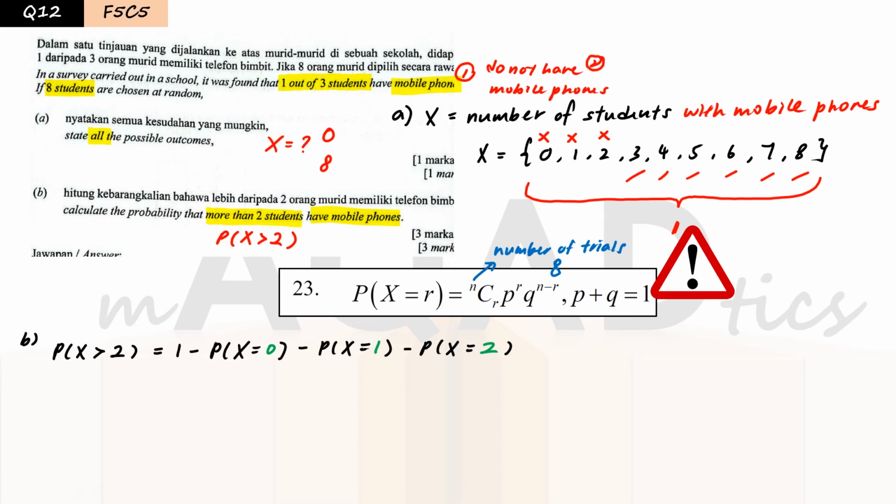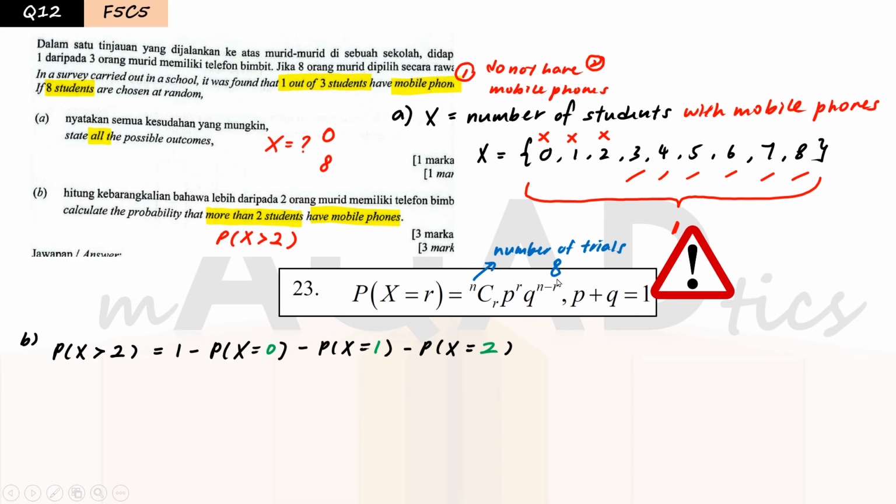So this second student would be our second trial, and we also ask the same question. Once the second student is done, we select the third student and so on. And this experiment will repeat until we have chosen 8 students. So if there are 8 students, it means there are 8 trials, which is why n here is equal to 8.